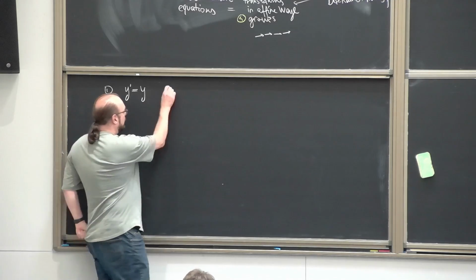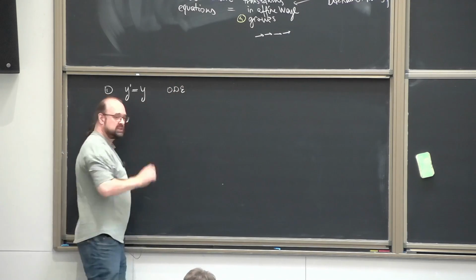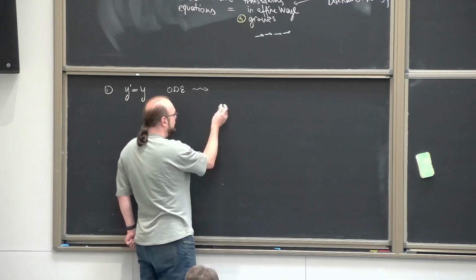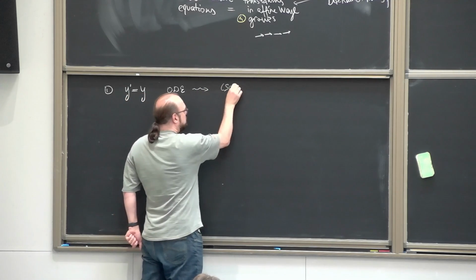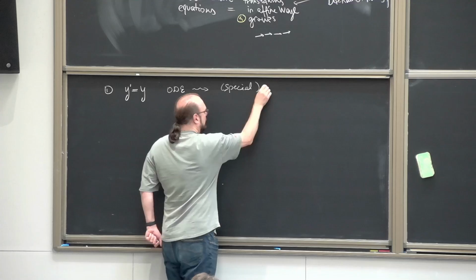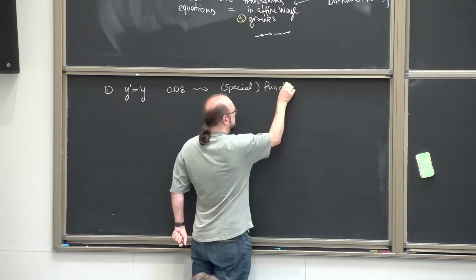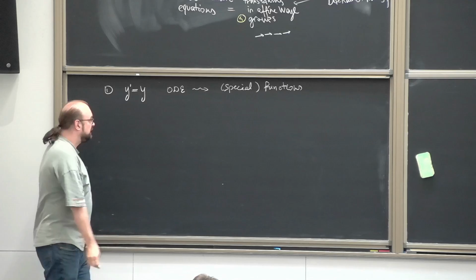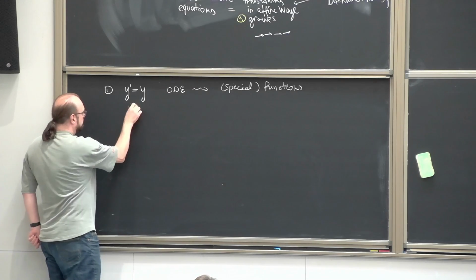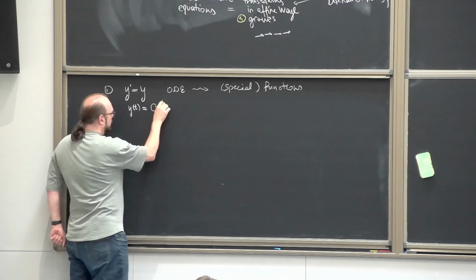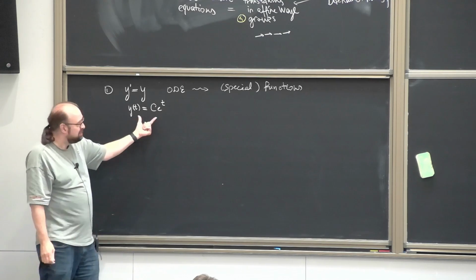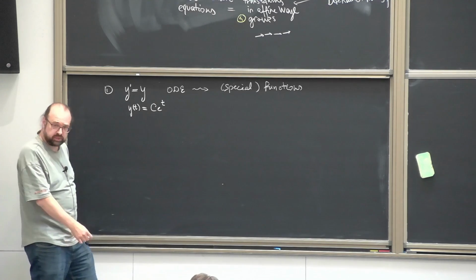Because this is an example where you start with an ordinary differential equation, and you get an interesting or special function as a solution. In this particular case, of course, the function that you get is one of, if not the most important functions, right, the exponential function.